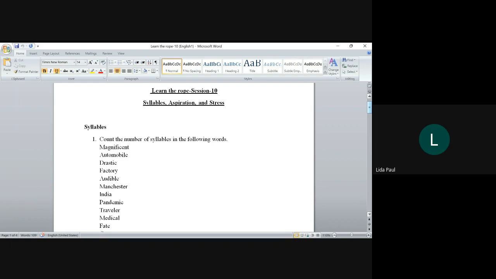In terms of syllables. Now, if you look at the structure of a syllable, more importantly, more than anything else that you find within a syllable, what you should significantly have is a vowel sound, right? You cannot have a syllable at all without the presence of a vowel sound, right?